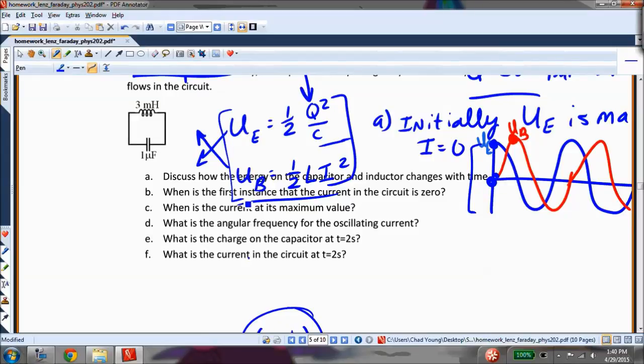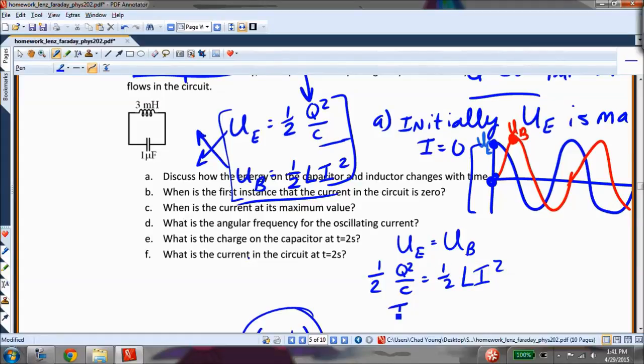If I want to find my maximum current, I say that UE is equal to UB. I know that those two are equal. It's like saying the kinetic and the potential energies of a spring are equal. At their maximum, they're equal because they're conserved, and these are conservative forces just like in that case. So this energy is never actually lost. So I have this electric field energy equal to the magnetic field energy, and I just say 1/2 Q squared over C equals 1/2 L i squared.